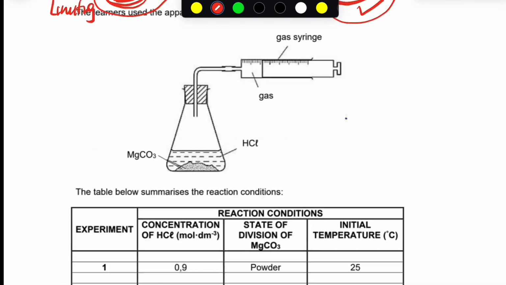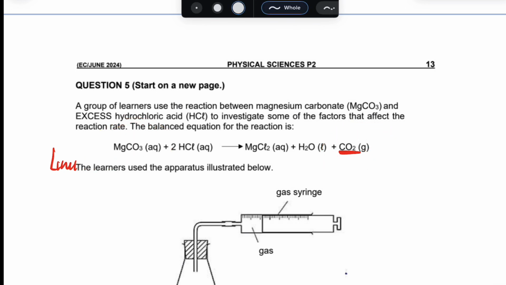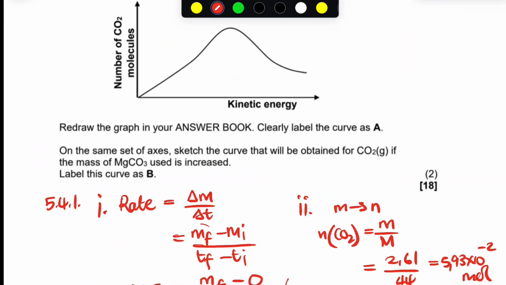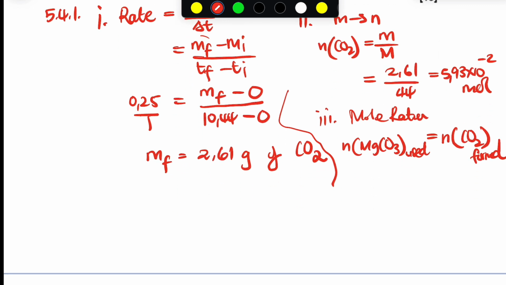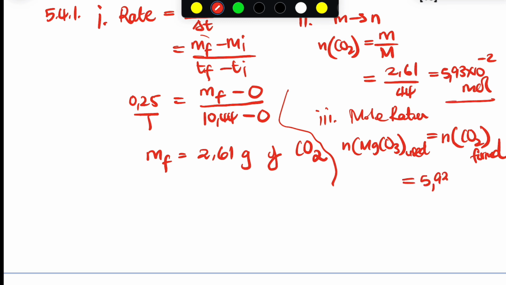So since the ratio there is 1:1, we're going to say the number of moles of what we're looking for, which is the magnesium carbonate, the number of moles used is equal to the number of moles of carbon dioxide formed or produced, which is 5.93 times 10 to the power negative 2 mole. Since the ratio is 1:1, they are equal, right?